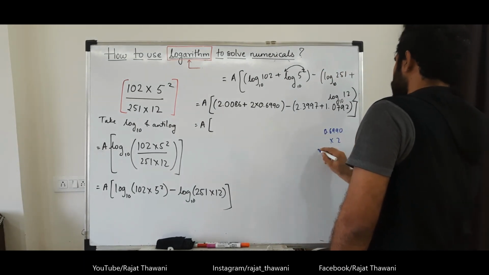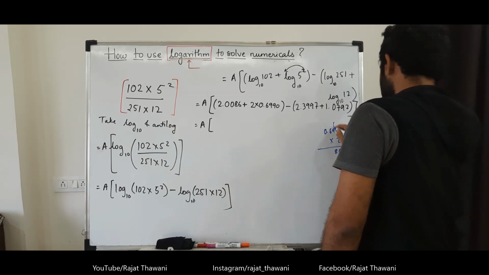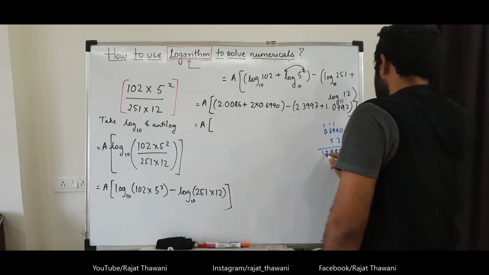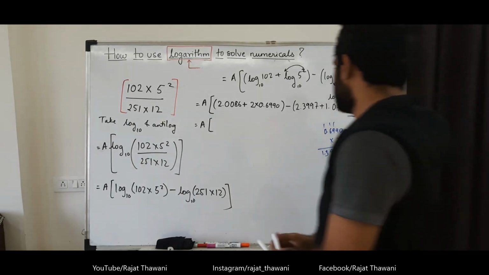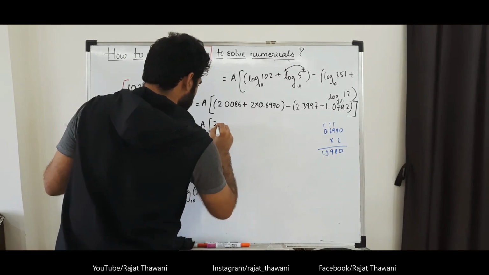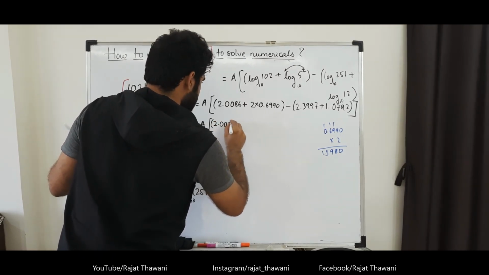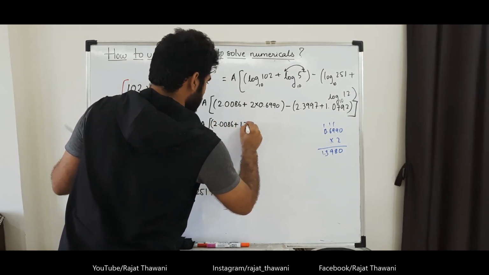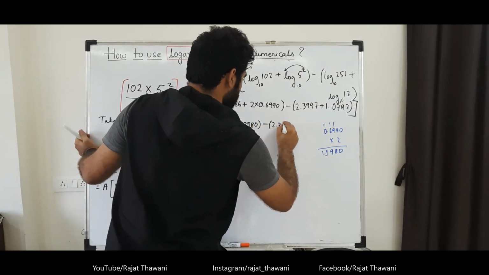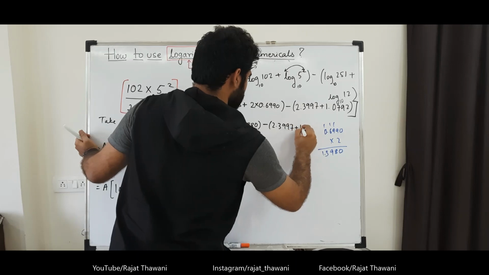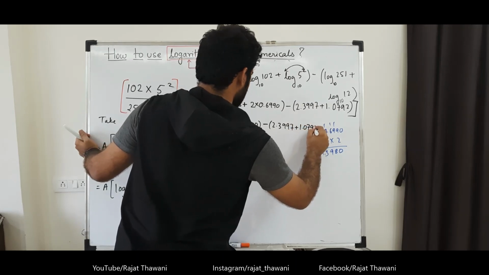0.6990 multiplied by 2 is 1.3980. Okay, so I'll write 2.0086 plus 1.3980 minus 2.3997 plus 1.0792.